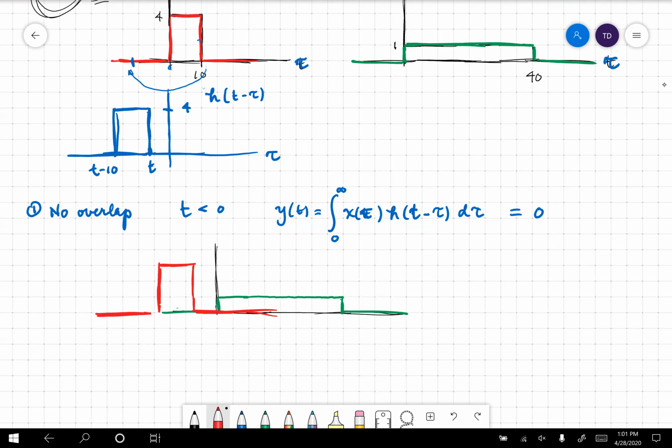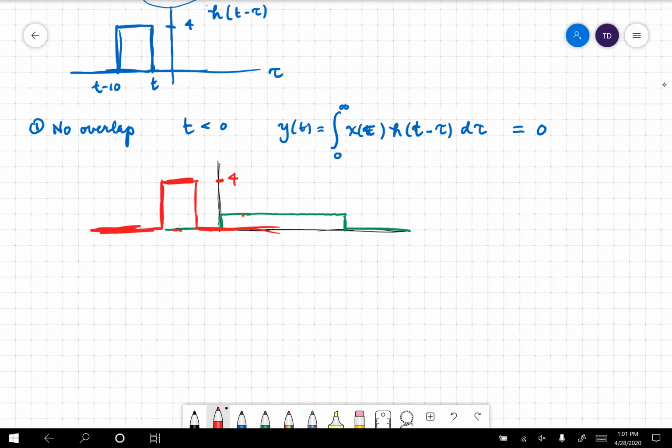And remember, we're multiplying the functions together, and then integrating the product. So when you multiply this, all of this 0 times the green 0 is 0. This 4 times this 0 is 0. This 0 times 0 is 0. This 1 times this 0 is 0. It's 0 everywhere. That's why it's equal to 0. So that's the first region.